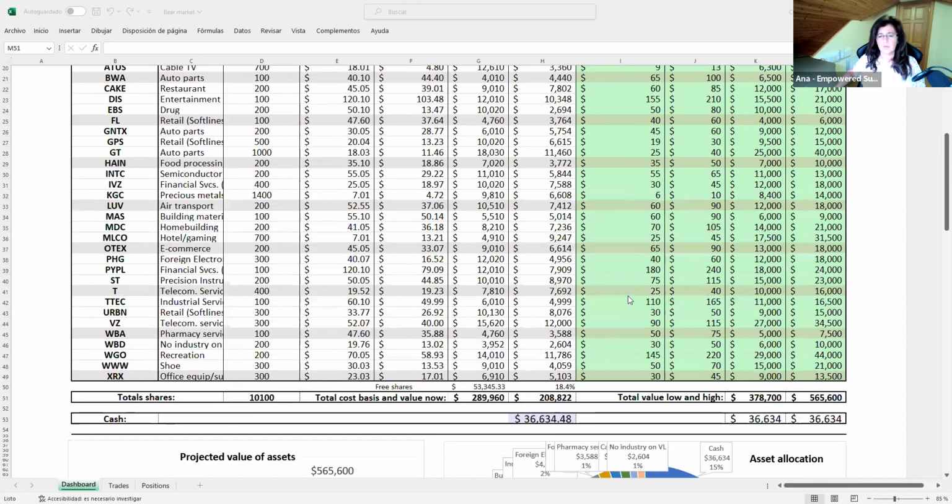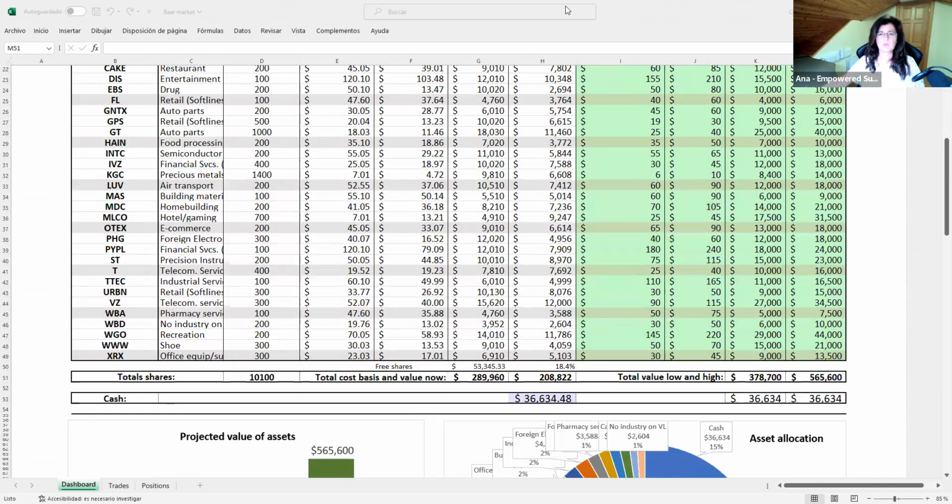Let's see how much we did with the 200,000. How far did they get, the 200,000? Well, with the 200,000 invested, we managed to buy 290,000 worth of shares, and we still had, at that moment, 36,000 of cash.